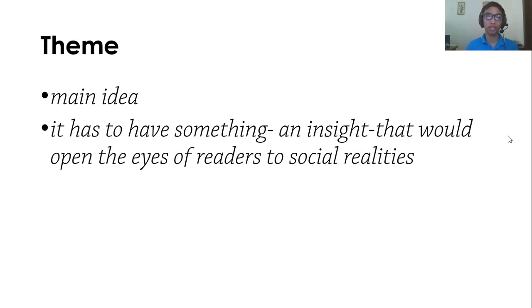So what will be the values, the moral lessons that they could get from it, something that would change them from bad behavior to good behavior, and something that will push them to do things, to know their worth as an individual.